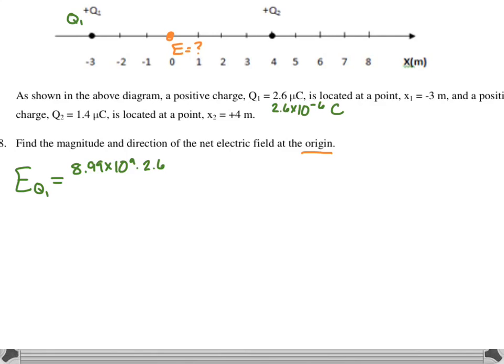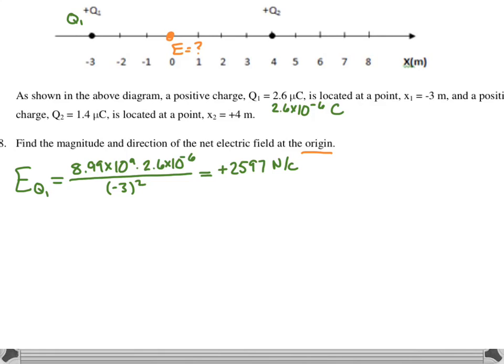It turns out to be K times Q1, divided by R squared. Notice that even though this is at a position of -3, it's going to get squared, which is going to give us a positive result. So we have positive 2,597 newtons per coulomb.